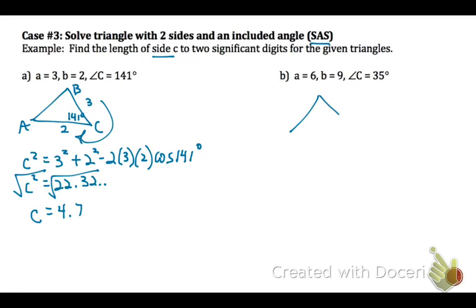We've got another triangle, so let's do A, B, and C again. C is 35 degrees, side A is 6, side B is 9. Again, we have side, angle, side, and when we know that information, we have the right information to use the law of cosines.